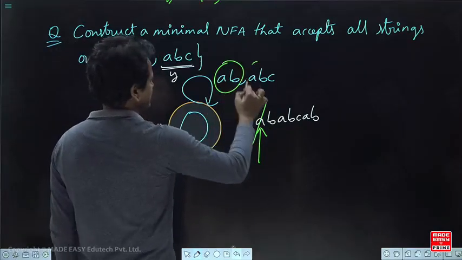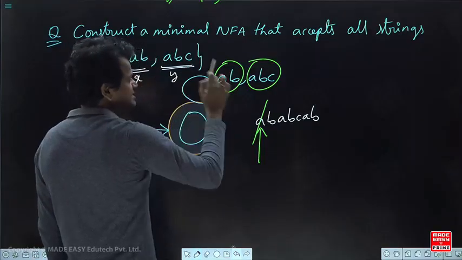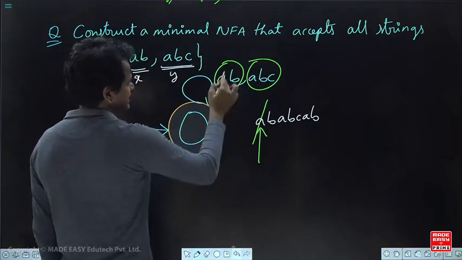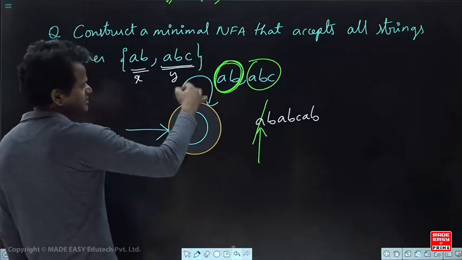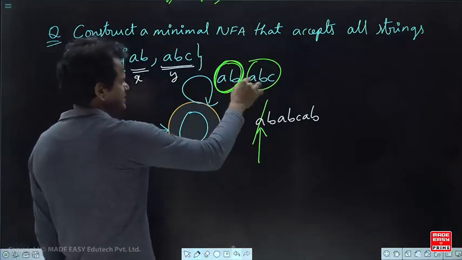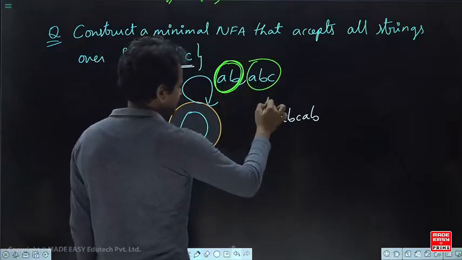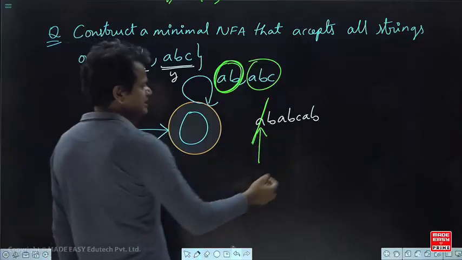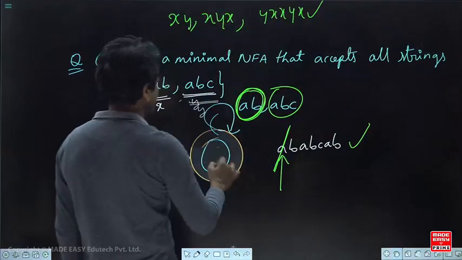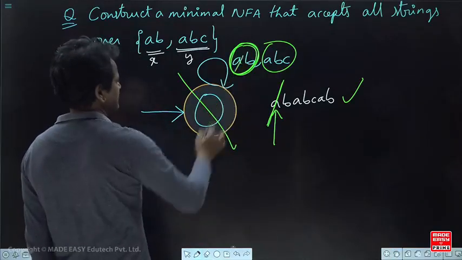Roughly this is okay, but in practice the machine cannot scan two or more symbols at once. It cannot scan AB and ABC together. It scans A, then B, then A, then B. So like that it must be. So this is not correct. Okay, roughly it is okay.